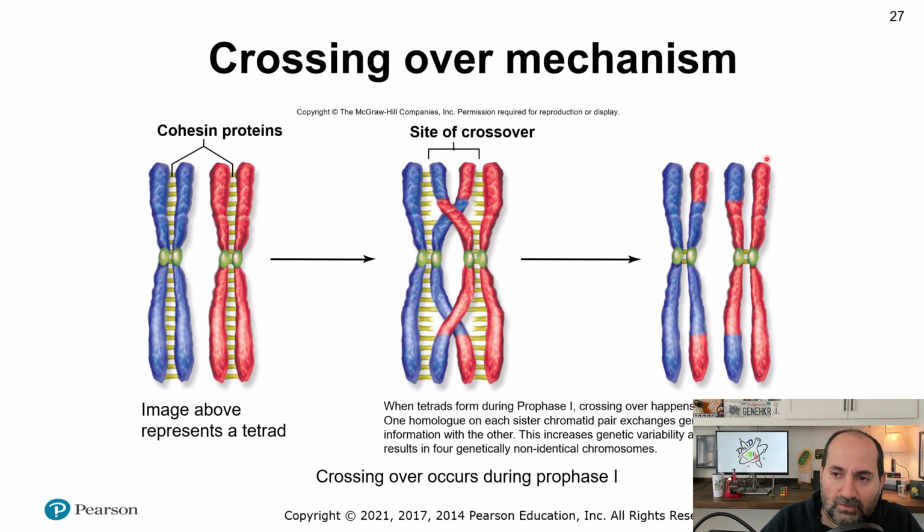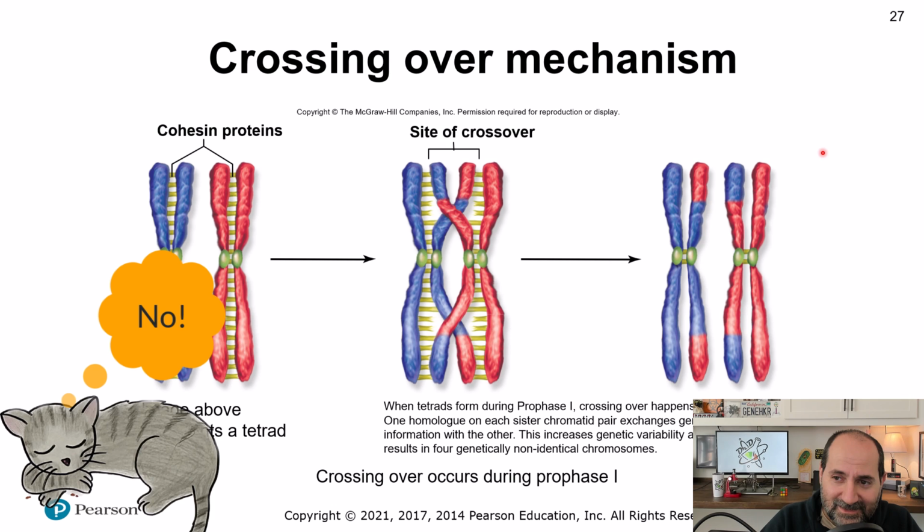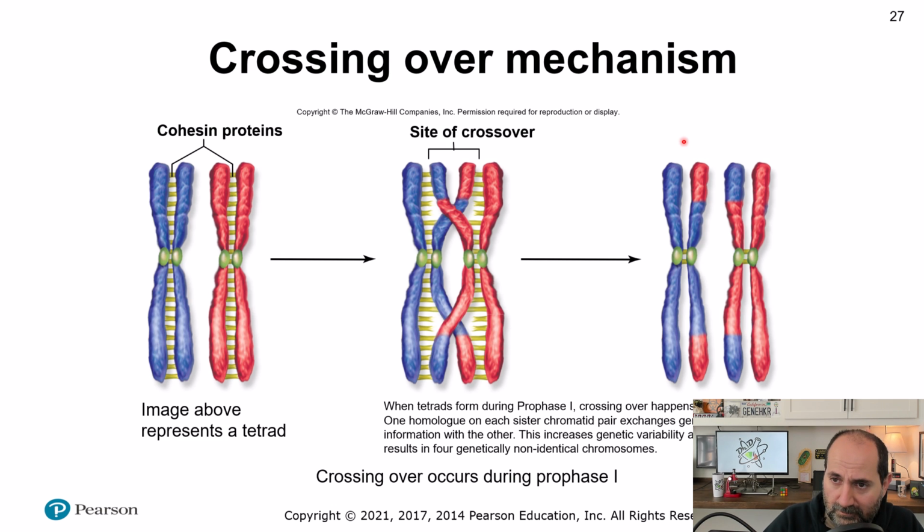After crossing over, are any of the 4 chromosomes identical anymore? Because before, look, the two blue ones were identical and the two red ones were identical, right? But after crossing over, are any of these chromosomes identical? No, that's right. No, they're not, right? Because of crossing over, none of these 4 chromosomes are identical anymore.